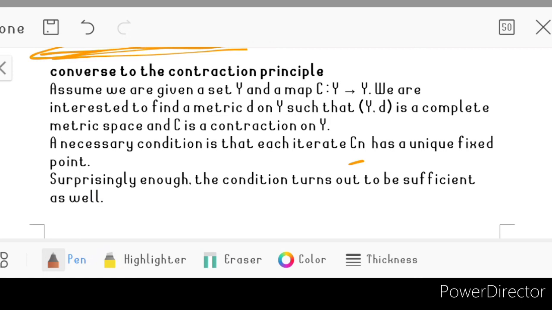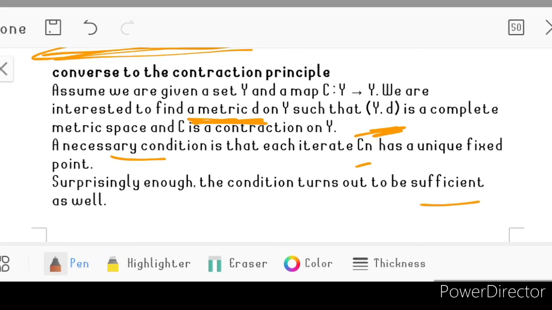First of all, in the converse, one thing you need to get clear is that the necessary and sufficient condition is the same. In this converse part we are fully focusing on how we can find the metric D. Our whole attention is to find D in such a way that the space (Y, D) is a complete metric space, because here we talk about completeness of a metric space.